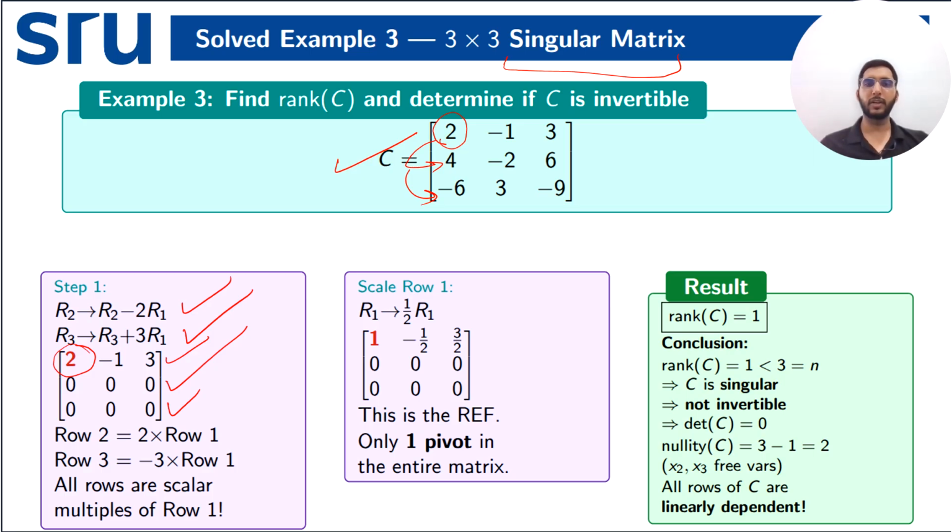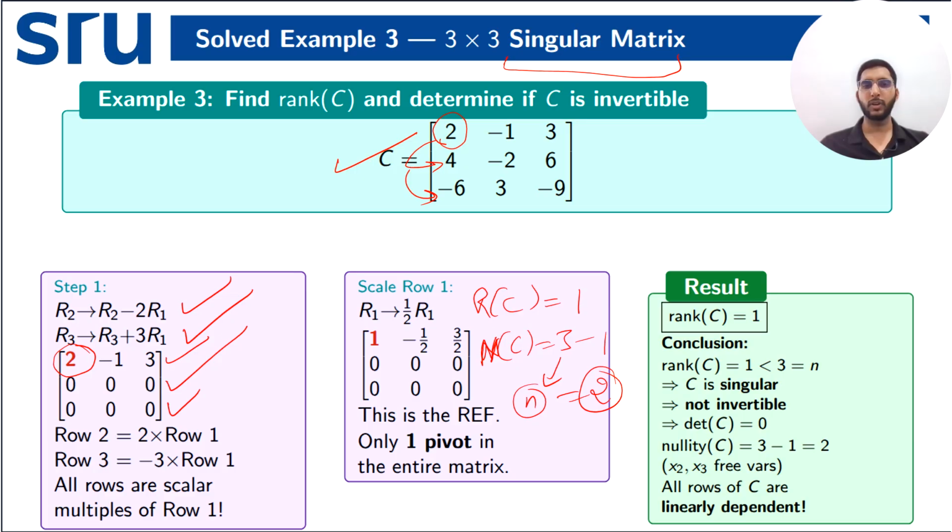From here we can conclude that since only one pivot entry is there, the rank of C equals 1, and the nullity of C is 3 minus 1, since the number of columns is 3 here. So it is equal to 2.